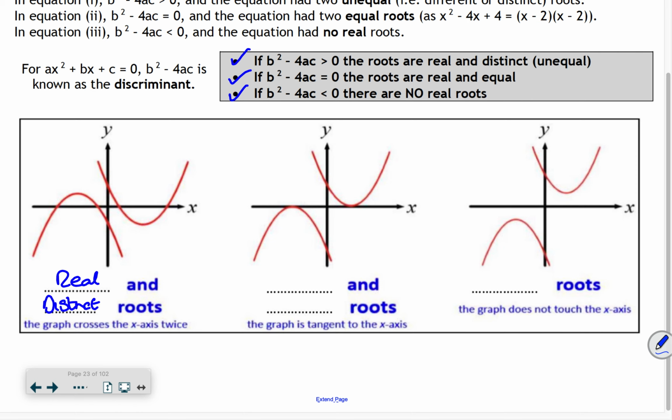If we have a parabola that only cuts through the x-axis at one place, we can say that we have real and equal roots. And if it doesn't cut the x-axis at all, then we say that we have no real roots. Okay?